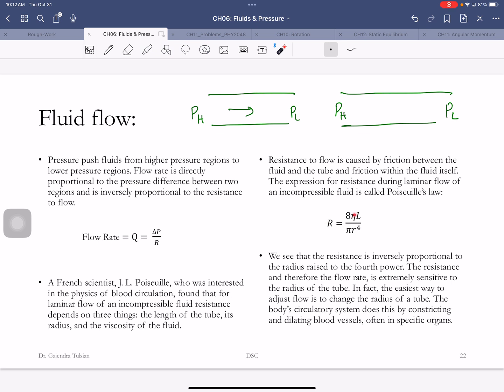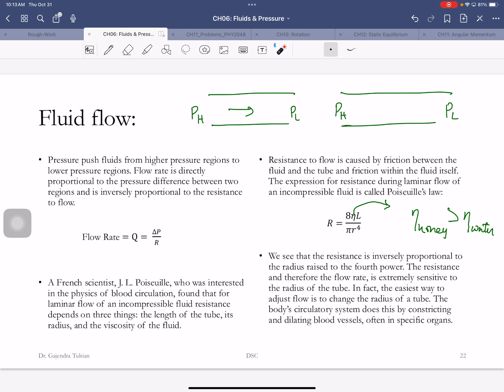This is eta, the number that's different for different materials, and eta for honey is higher than eta for water. So the resistance depends on this thing called viscosity, the length of the pipe, and the radius of the pipe.